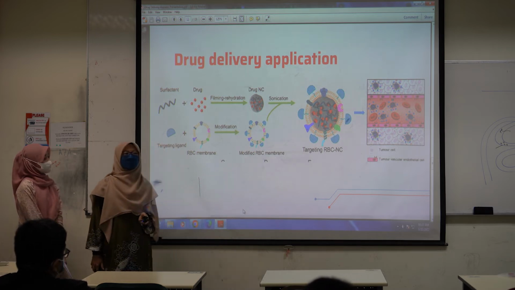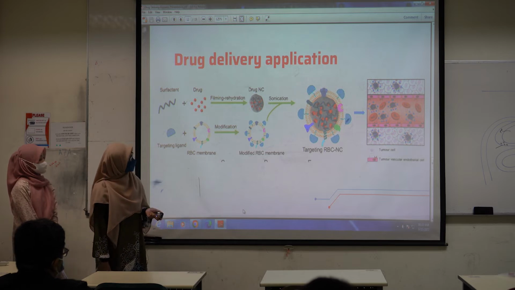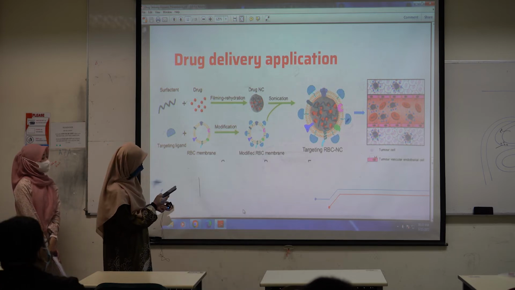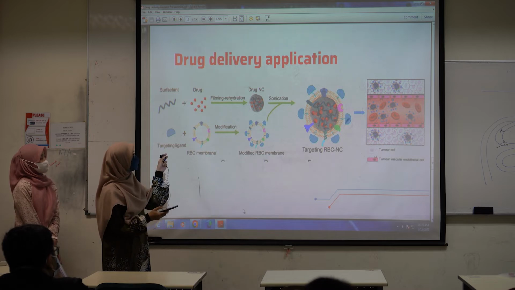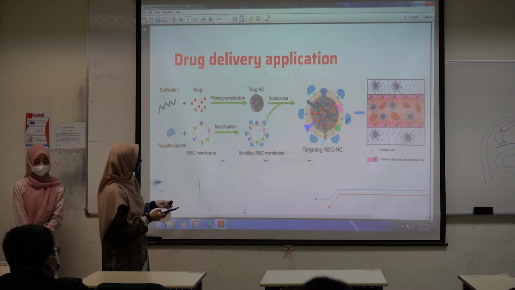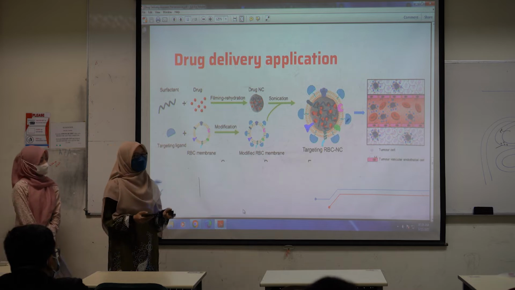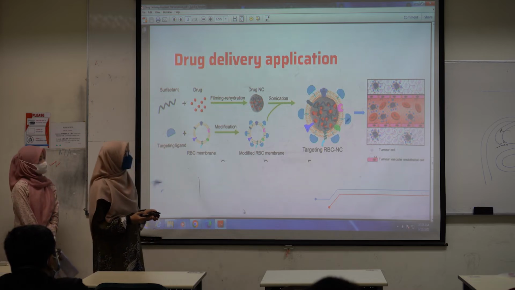Such modification is important so that the drugs will only display their activity at the desired site. Thus, a better anti-tumor impact will be obtained.